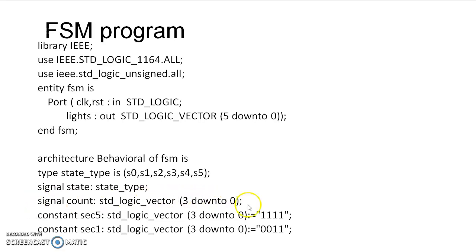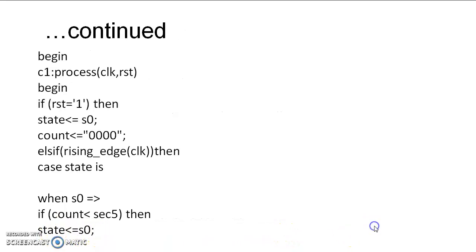Here the maximum count is taken as 15, so the count is declared with 4 bits as 3 down to 0. Maximum count of 15 seconds is given the name sec5 and declared as a constant. Another with the 3-second delay is given the name sec1 and declared as a constant.